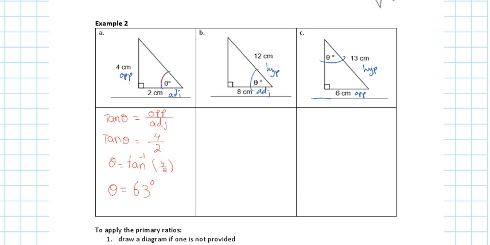It might be the same. Yeah, the same. So in this case, which one do I need to use? Sine, cosine, or tan? Cosine? Because it's CAH, right? So cosine of angle theta is adjacent over hypotenuse. So that would be 8 over 12.